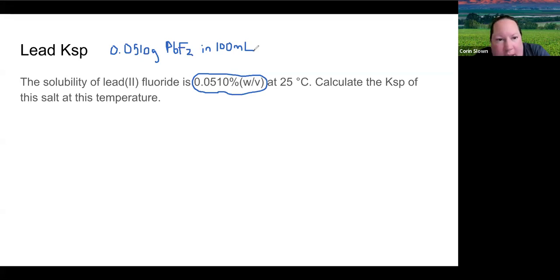So we're going to do a couple of calculations. The first calculation that we're going to do, of course, is to convert our mass in grams into moles. The way we're going to do that is by calculating or looking up the molar mass of lead fluoride, PbF2, which in this case is 245.196 grams per 1 mole.